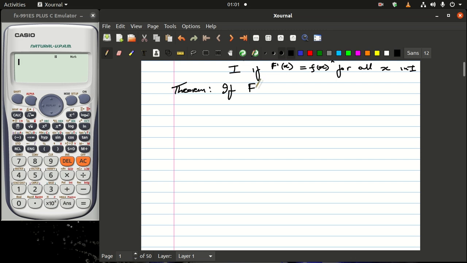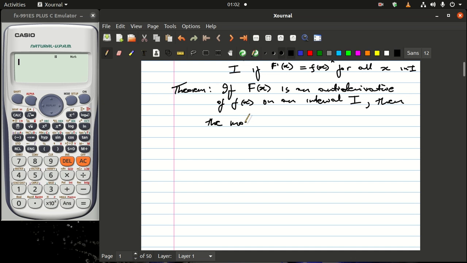We say that if capital F of x is an antiderivative of small f of x on an interval I, then the most general antiderivative of f on I is F of x plus c.